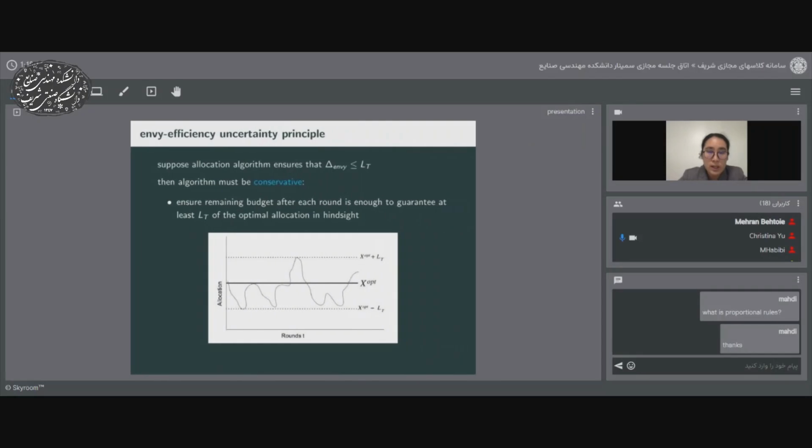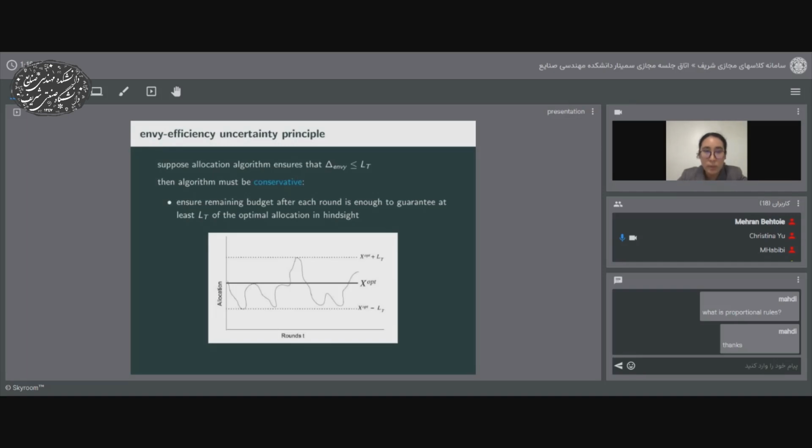So how you show this is by first using the fact that if the algorithm needs to satisfy a minimum bound on delta NV, then it has to stay within a certain range of allocations. Recall delta NV is again just the distance from x opt. In this plot on the bottom, you can see the line for x opt. Supposing you knew the demand, the optimal allocation would be that line.